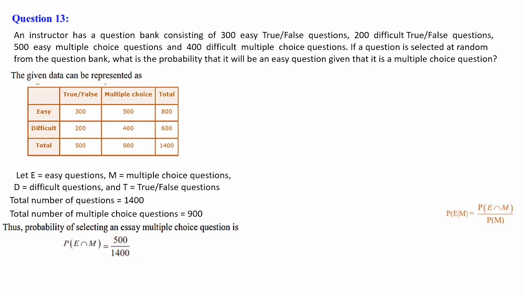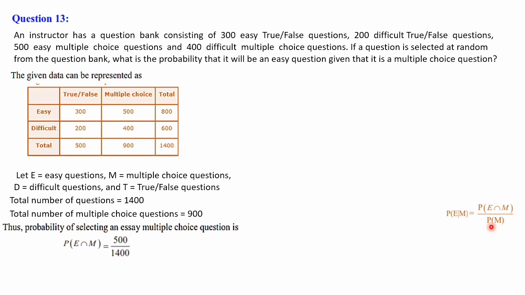Once again, P of E intersection M: E stands for easy, M stands for multiple choice. Intersection means and, easy and multiple choice. So selecting an easy multiple choice question is 500 out of total 1400, so 500 divided by 1400.